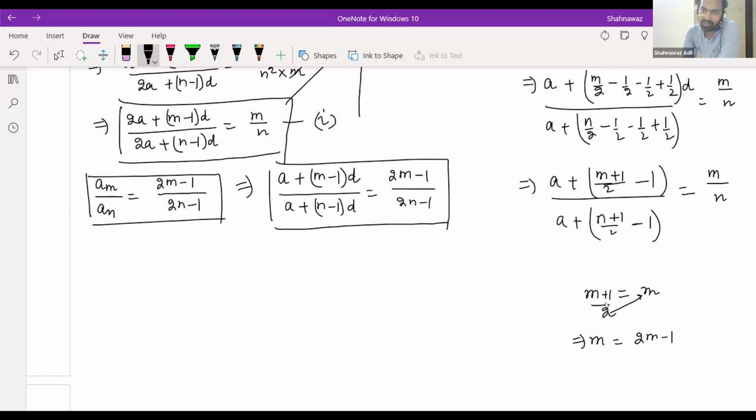So if I change m plus 1 by 2 as m, this would become how much? M would become how much? Clear or not clear? Yes, guys, clear or not clear? Yes, sir. Clear.